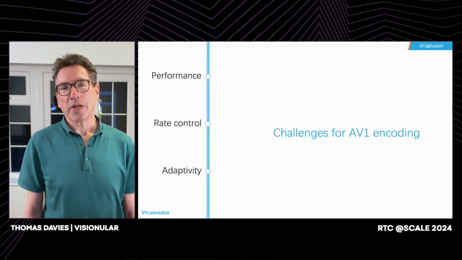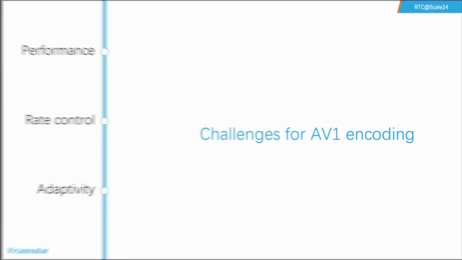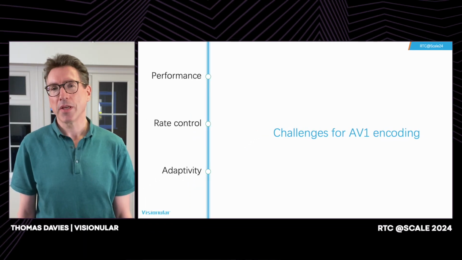With that model in mind, that helps focus us on some of the challenges that we faced in developing Aurora 1 and that anyone will face in developing an RTC encoding solution. I want to pick out three today. That is around performance, around rate control, and about some of the adaptive behaviors that AV1 supports.